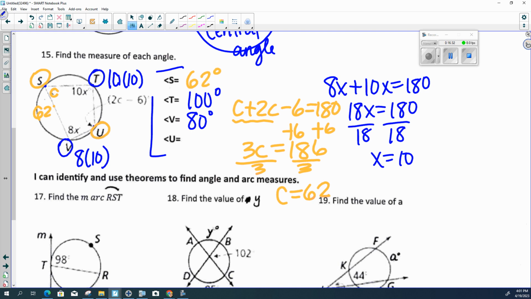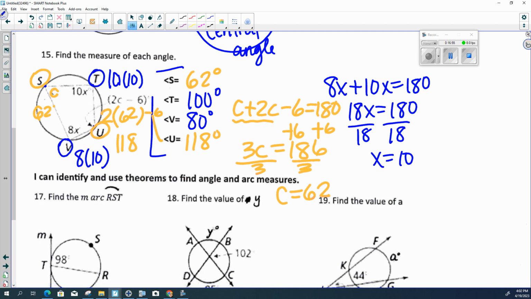Don't forget the degree symbol, please. And then 2 times C is 62, minus 6. 124 minus 6 is 118. So 118 degrees.